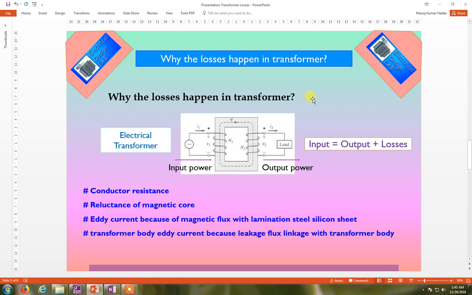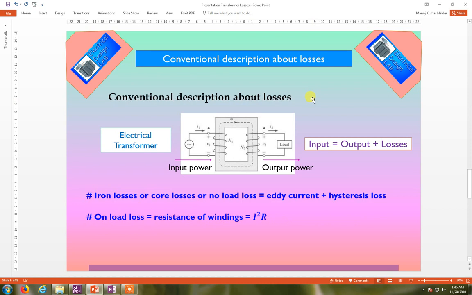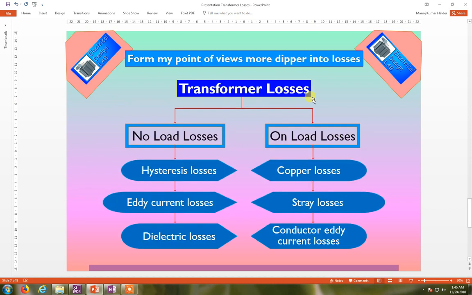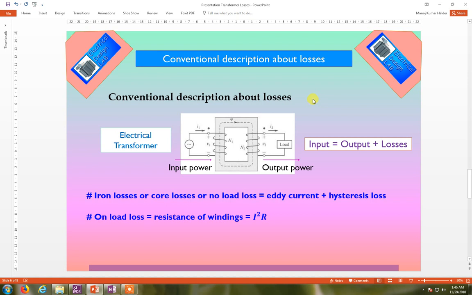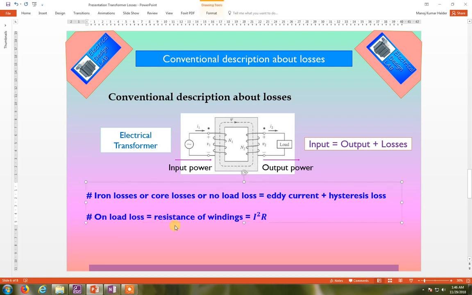I think you are not so clear. Don't worry, I am going into more detail about the losses. In our next slide we will see the conventional description of the losses that you will read in your prescribed book. In your book there are two losses written. One is iron losses or core losses or no load losses, and another one is on load losses, that means resistance losses, that means copper losses.